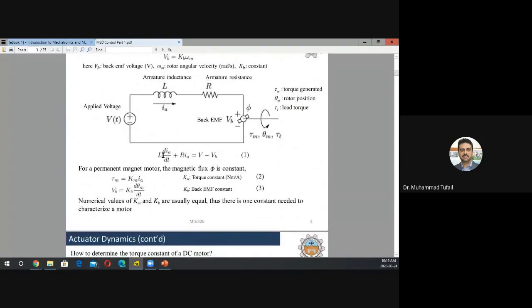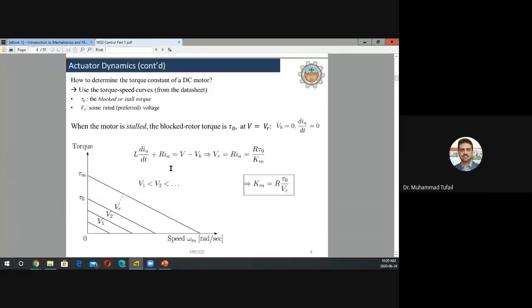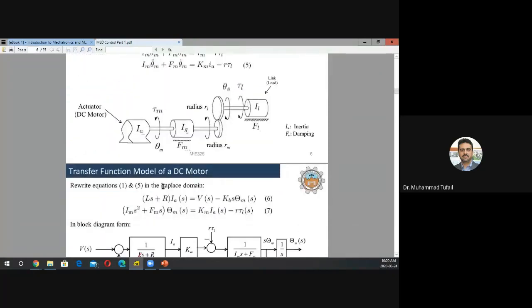So this will be L times, now instead of small i I will call it capital IA. And it's the first derivative of that, so we'll just multiply it with the Laplace operator and write it as L S times IA.